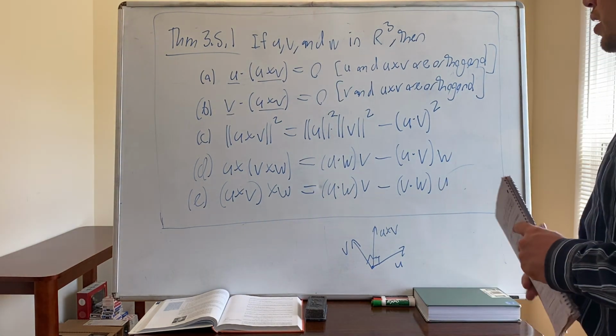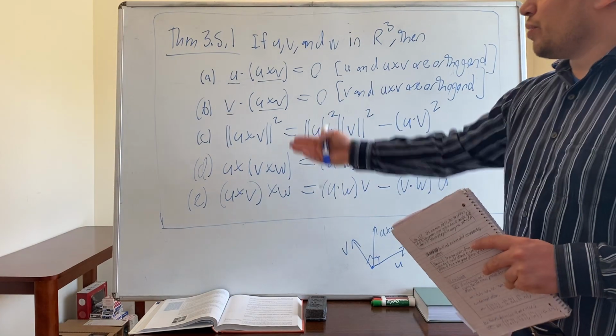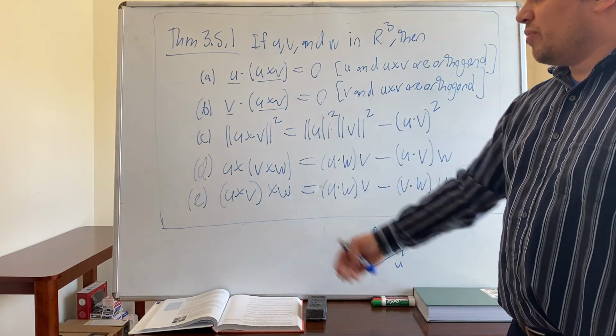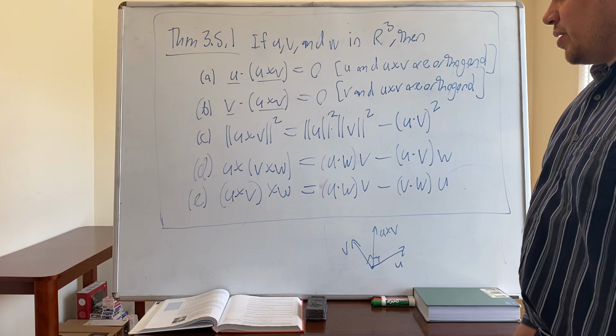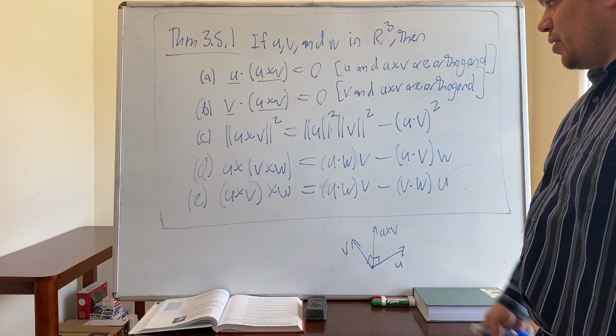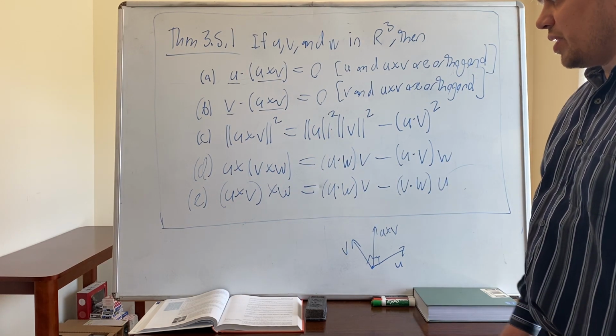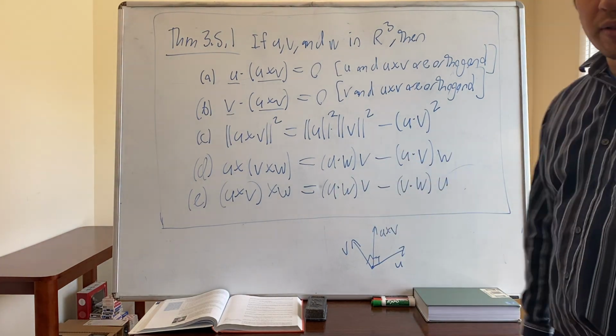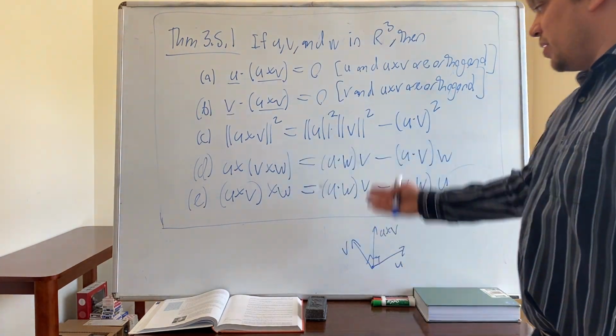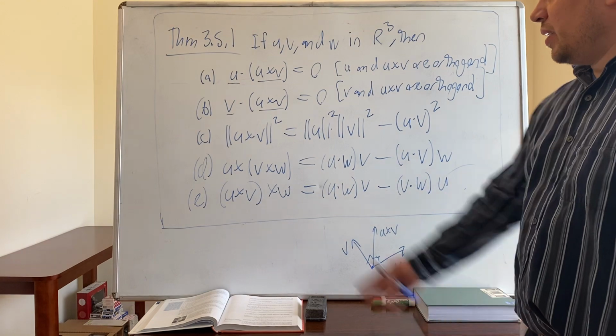And then C is a relationship between the norm of u cross v and the value of this expression. C, D, and E are just showing you relationships that happen when you take cross products and dot products. This expression is equal to that, that's equal to that, this is equal to that.